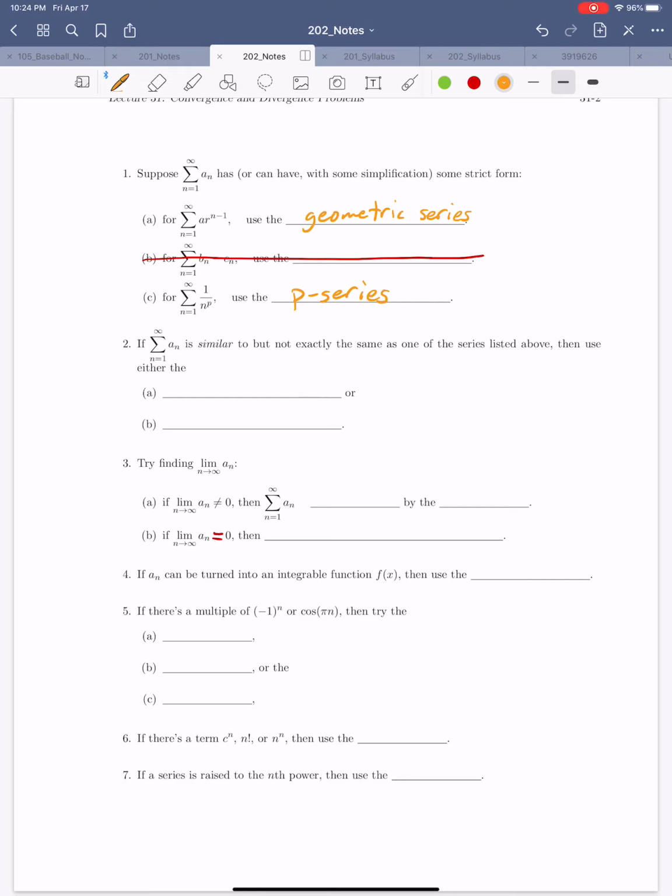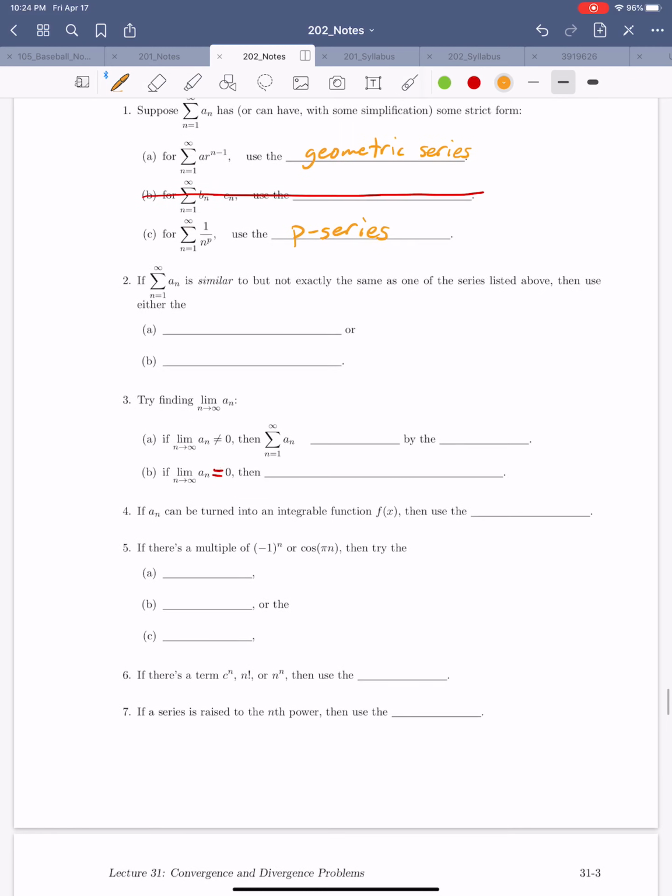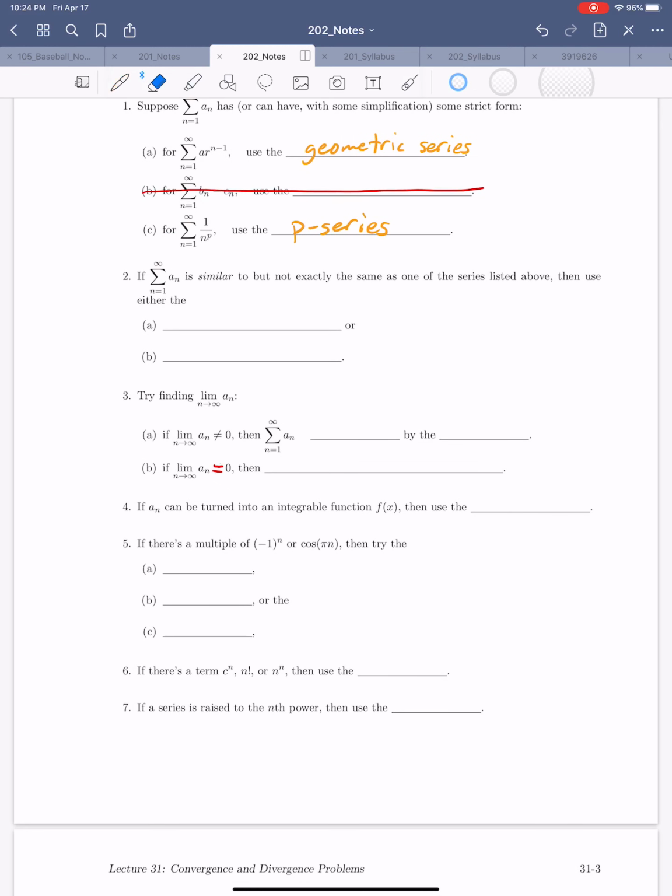Now, if you have something similar to one of those two series that you saw above, then you would use either the comparison test or the limit comparison test.